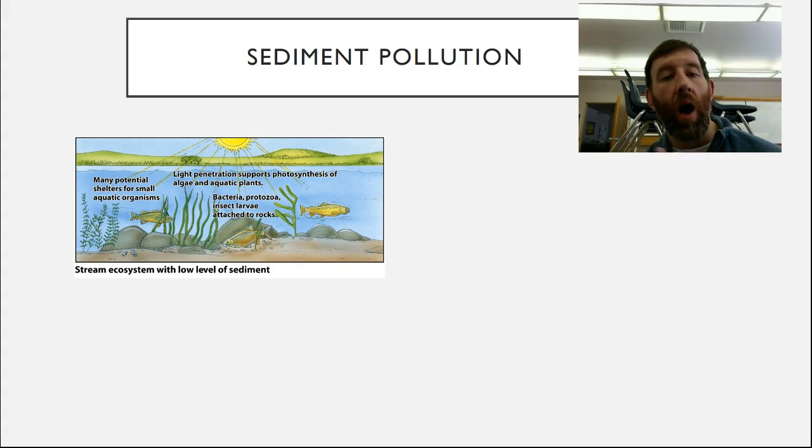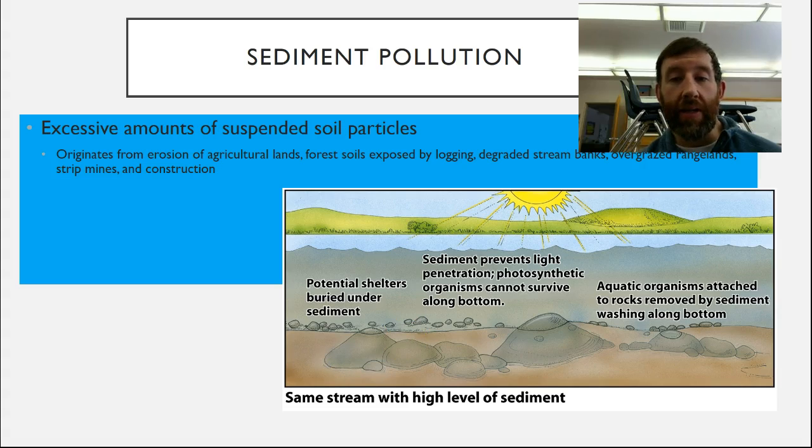And so when we get sediment pollution, what we look for in that water is lots of suspended particles. Now, after a big rainstorm, like Yellow Hawk Creek, I don't know if you guys pay much attention to that, but after a big rainstorm, you should notice that Yellow Hawk Creek frequently has a high degree of sediment pollution.